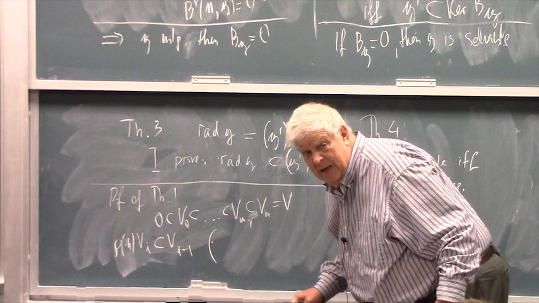Then the following is true, and I want to know how much you are inclined to believe. There are two operators, S and N. The letter S is the first letter of semi-simple, which actually means diagonalizable. The letter N is the first letter, as you can easily guess, of the word nilpotent. So there are semi-simple and nilpotent operators. Semi-simple means diagonalizable, nilpotent means nilpotent.